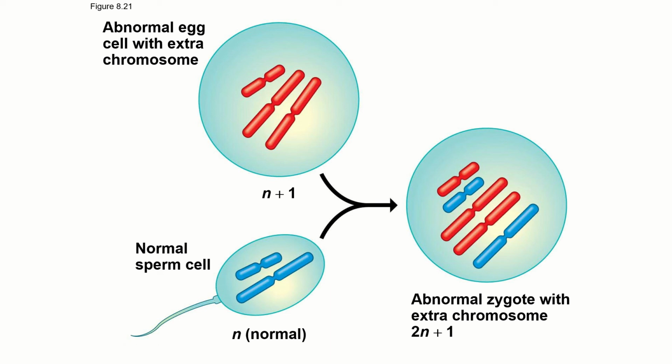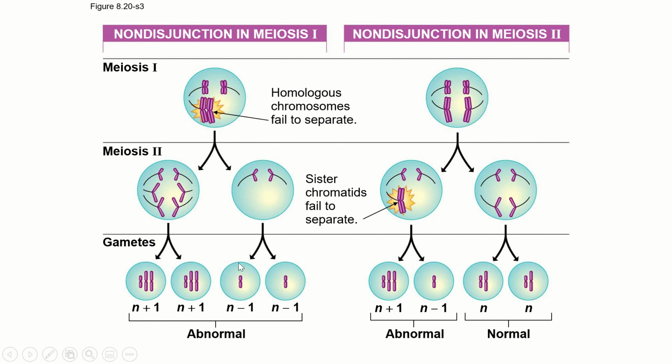If you have an extra X, then you will have hyper-feminine characteristics. If you have an extra Y, hyper-male characteristics. You could also, if you ended up with one of these that had only one chromosome, have a person who has an X and nothing else.